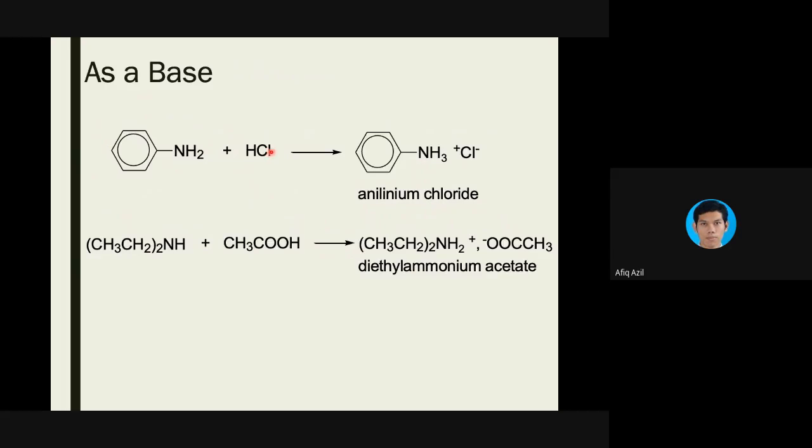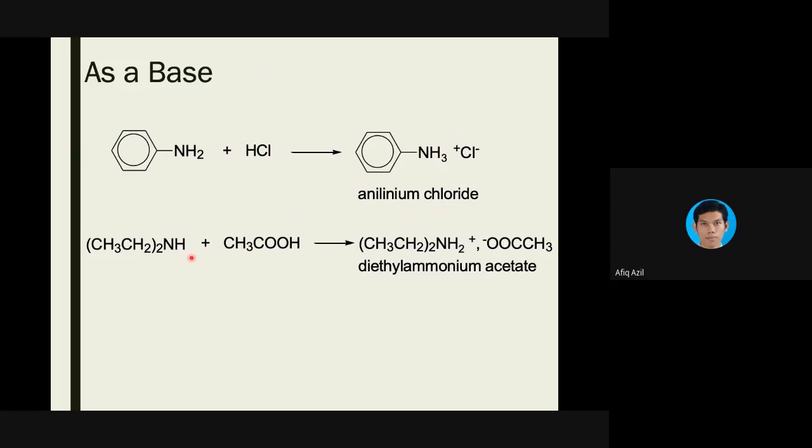The Cl minus from this HCl will form a bond with the nitrogen. Remember, you have a lone pair on the nitrogen, and it will accept the proton. The proton is basically the H plus. So it will form a bond with this H, hence you have H plus on this side and also Cl minus.